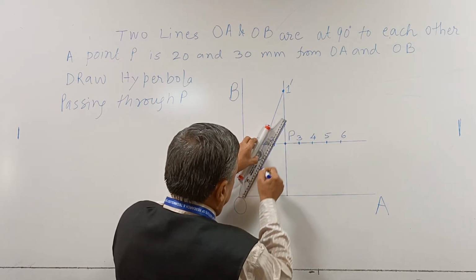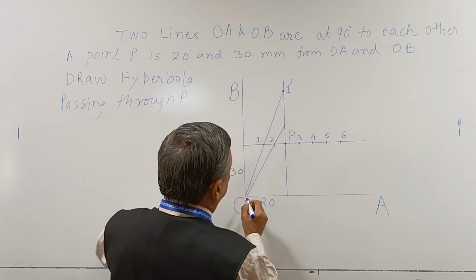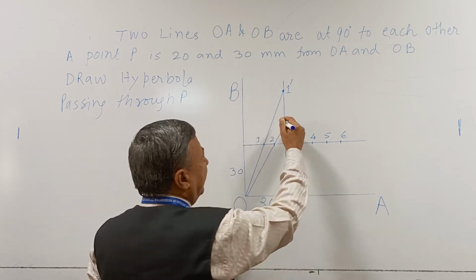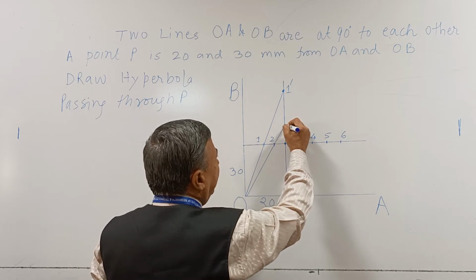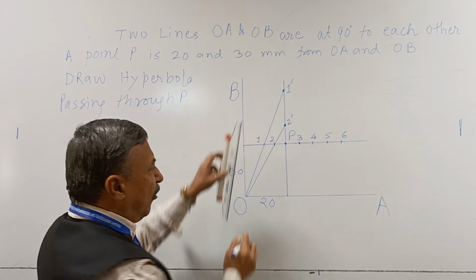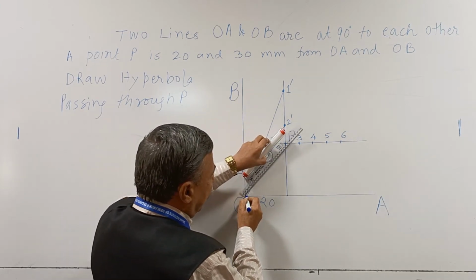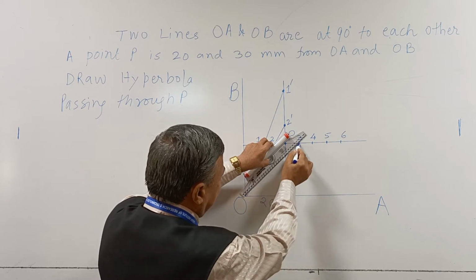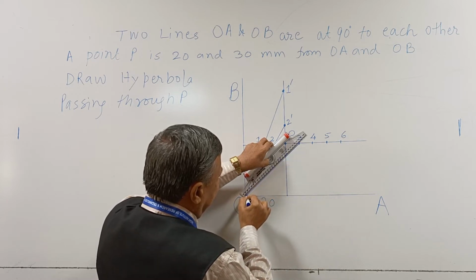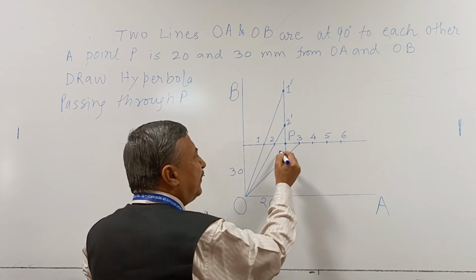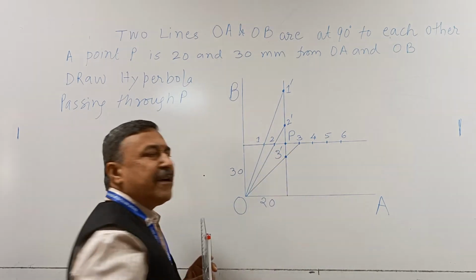Same way, by the same process, you join 2 to O and extend. Here you get point 2 dash. Now if we join O to 3, we get the intersection here. So this is our point 3 dash.